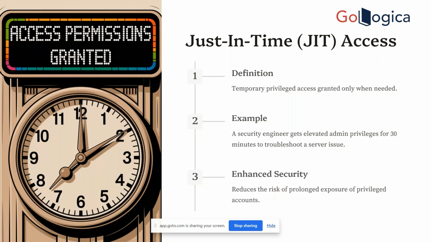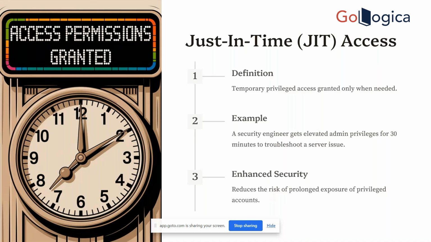Like a security engineer gets elevated admin privileges for 30 minutes only to troubleshoot a server issue. The guy who does this activity on the server side is not there, but there is a person who knows that activity and can work on it. I can give him 30 days. Not 30 days, I can give him 30 minutes to do this activity.